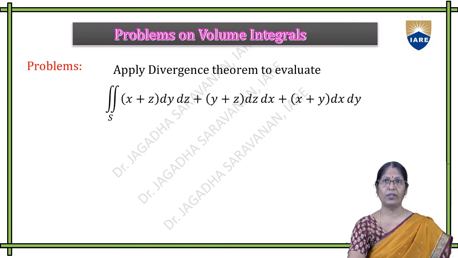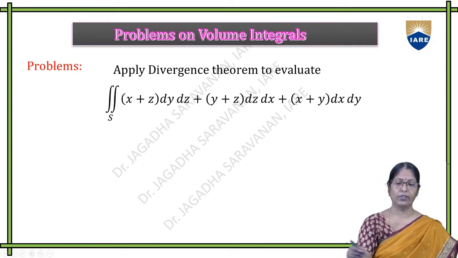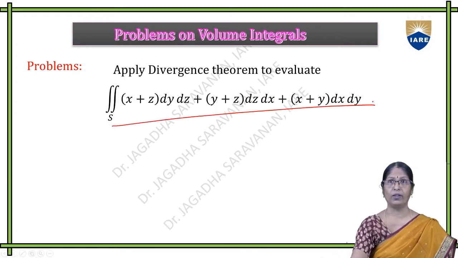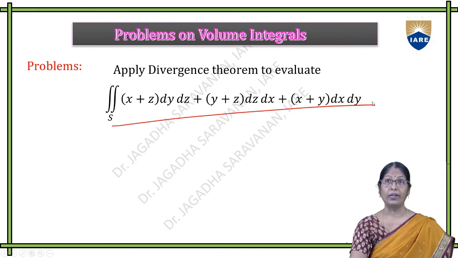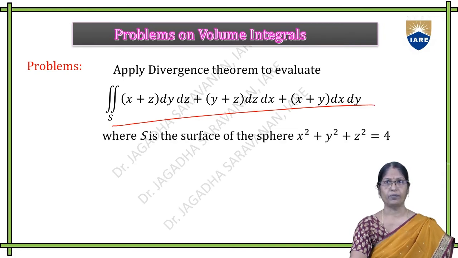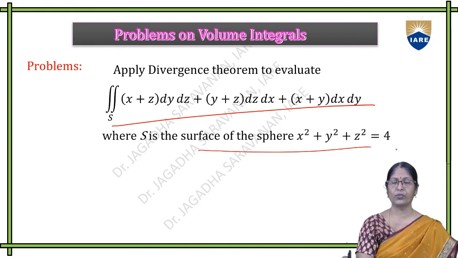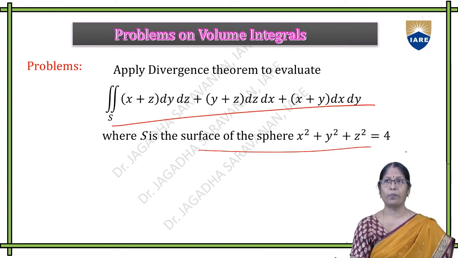Now our question is, apply the divergence theorem to evaluate the surface integral F dot n ds which is given, and the surface of the sphere is x square plus y square plus z square equal to 4, that is r square, radius r equal to 2.